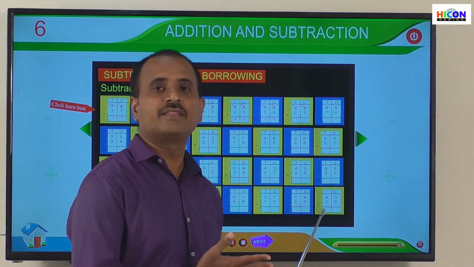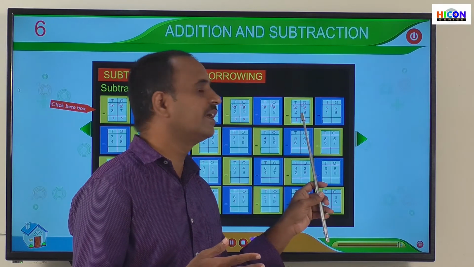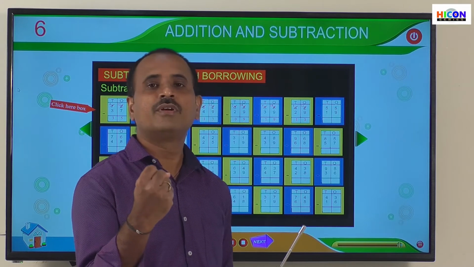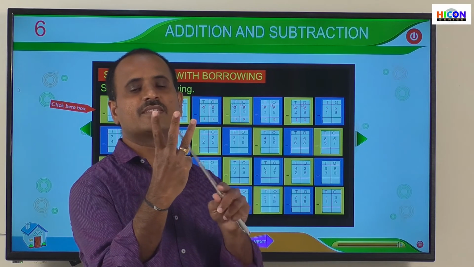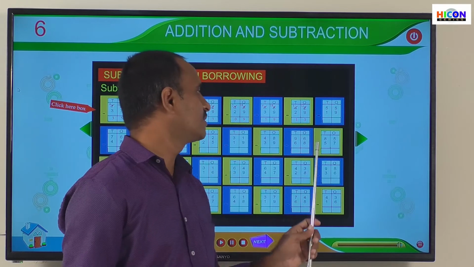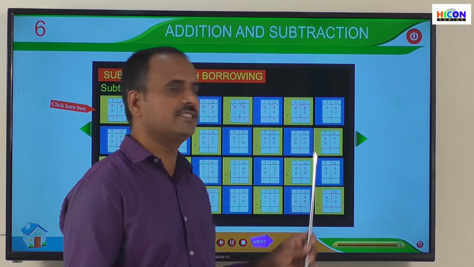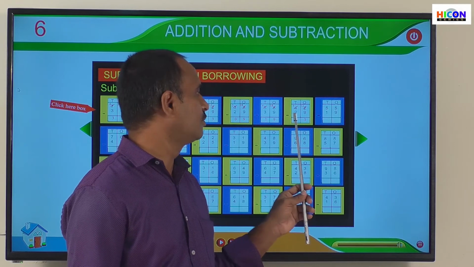So how can you subtract this? You can count backward from 12 till you get the number 9. So 12, 11, 10 and 9. So children, how many fingers are there? Total 3 fingers. Write 3 under the ones place. So next go to the tens place. What are the digits here? 3 and 2. So subtract 2 from 3.